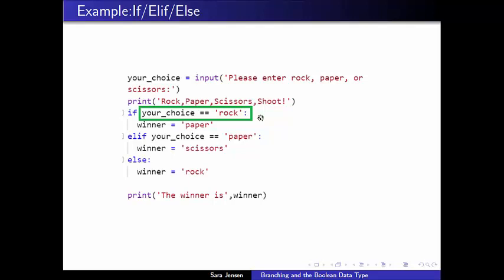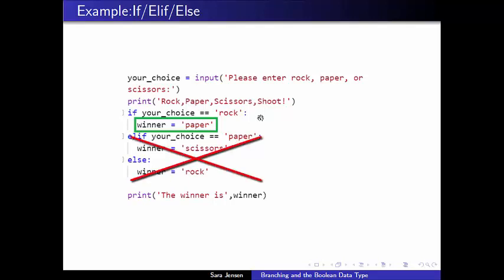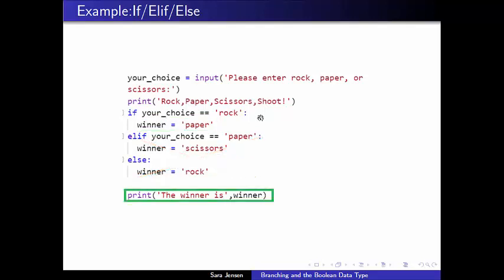In the event that this statement is true, our next step is to execute the block of code that corresponds to the if statement. And once this block of code is finished, because we've answered true to some branch, we know that we have not traveled down any of the other branches.